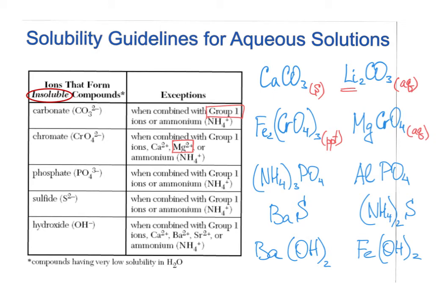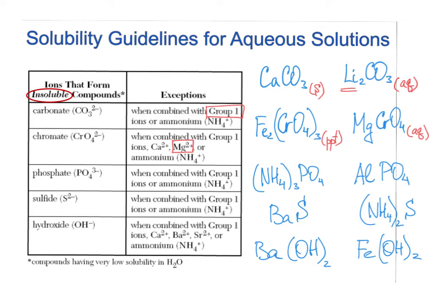Let's look at the phosphate. The phosphate ion forms insoluble compounds. But when it is seen with ammonium or any of the metals from group number 1, that story changes. Our insoluble phosphates become soluble compounds.